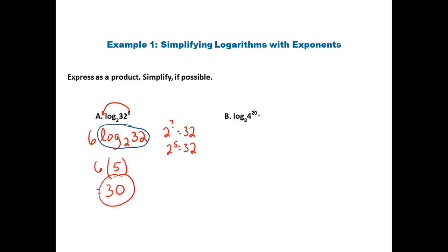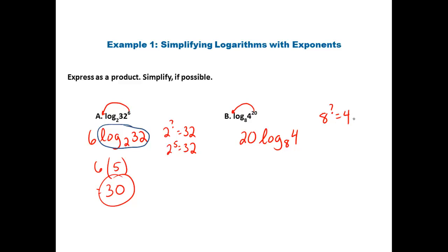Alright, for the next one, first thing we're going to move the 20 out front. So 20 log base 8 of 4. And again, we want to look at this and see if we can simplify it. Okay, this one's a little bit harder. So 8 to the what equals 4.